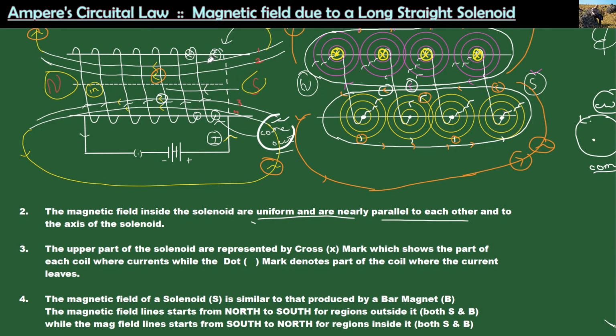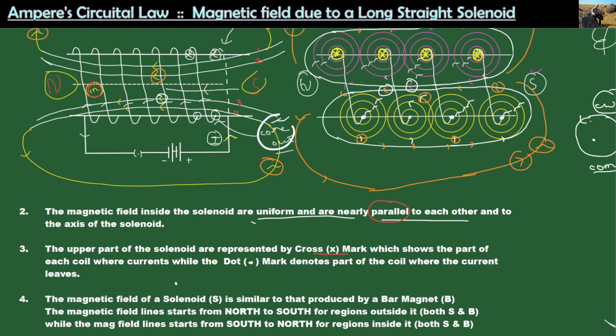For regions inside the solenoid, they are parallel to each other. The upper part of the solenoid is represented by a cross mark, and the lower part of the solenoid is represented by a dot.